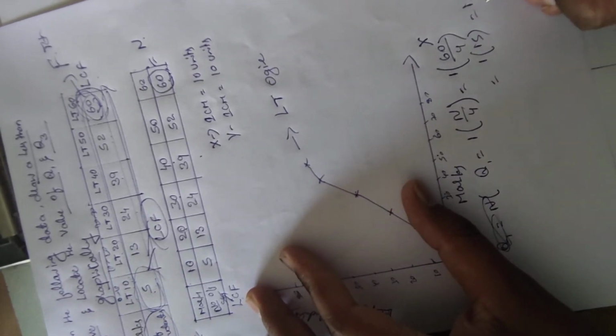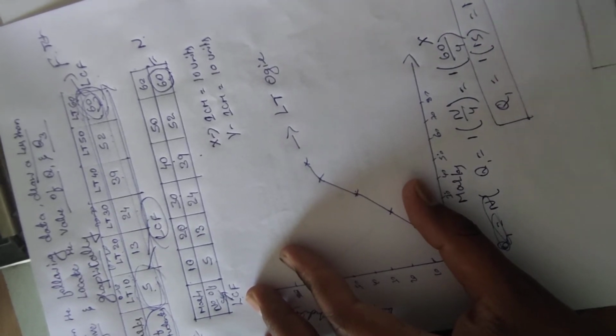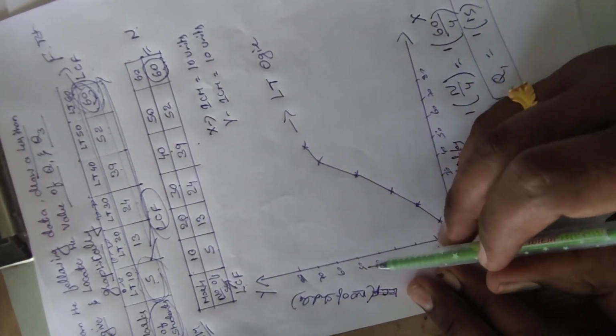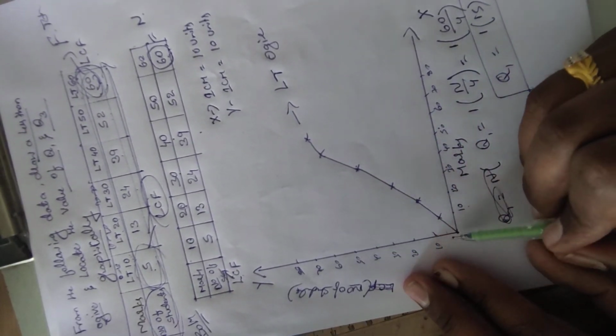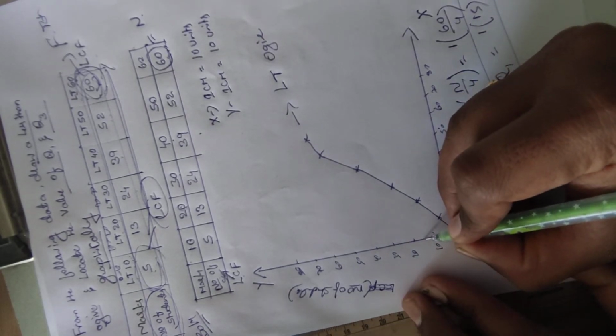So the Q1 value is 15. So the 15 we have to identify on the y axis.